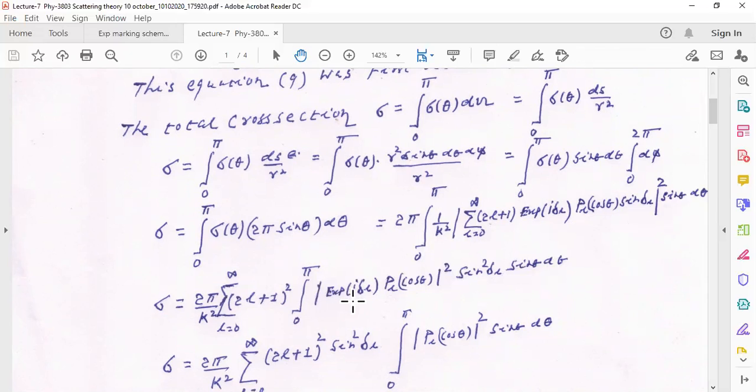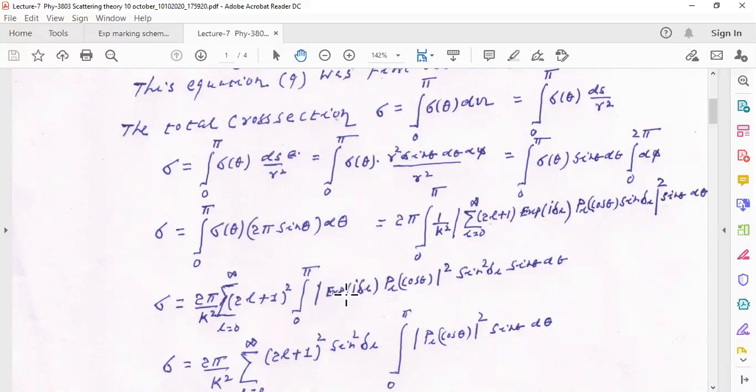Now the mod of e to the power of i theta, squared, is e to the power of i theta into e to the power of minus i theta.